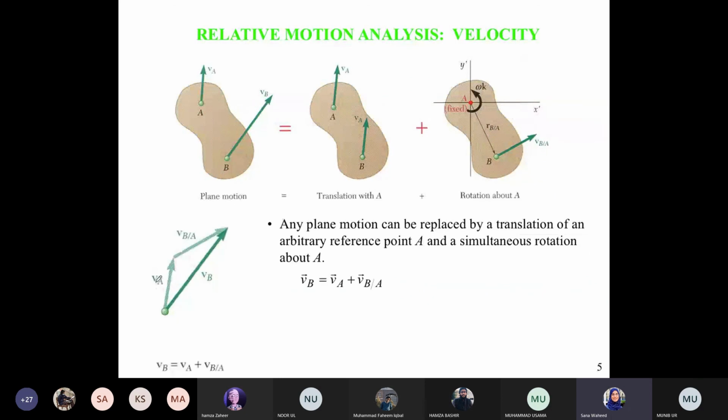The translation by the amount of the base point and then rotation about that base point. Further, we also know that this relative velocity VB by A, because it's arising out of the rotation, we can write it down as omega crossed with r, noting that then it will be perpendicular to RBA. Okay. So just with all of that, we have our velocity for a point B given a base point's velocity.